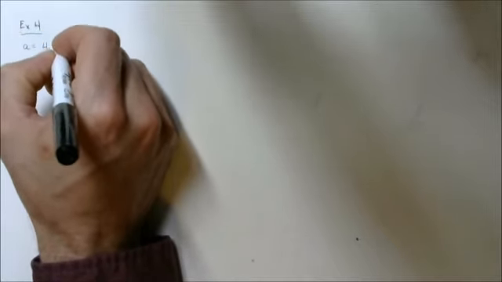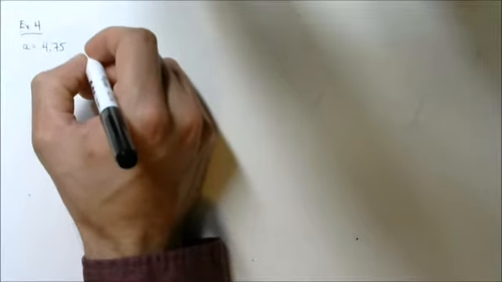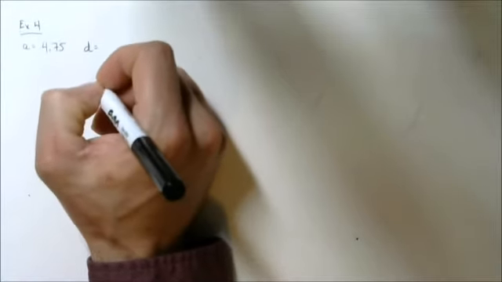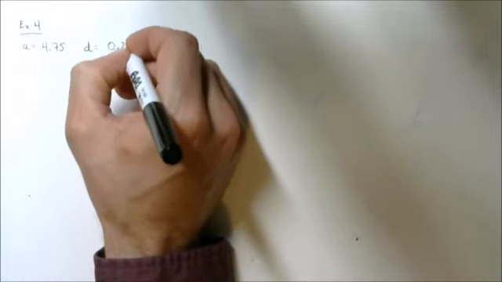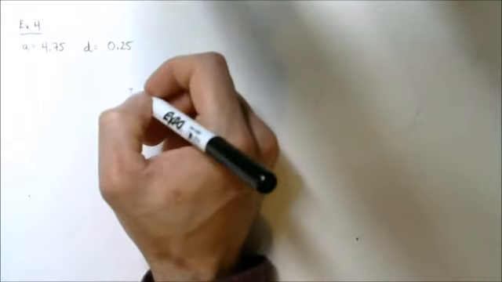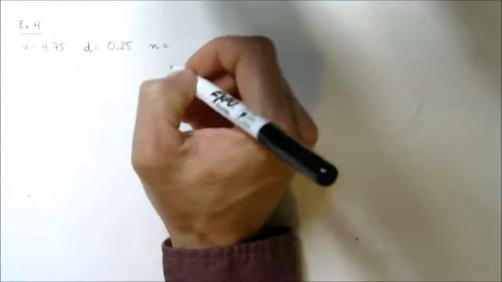What do we know? Do we know the first term? Yes. The first term in this series will be $4.75. Do we know the common difference, the difference between terms? Yeah. Each hour is going up by 25 cents, so 0.25. And do we know the number of terms?